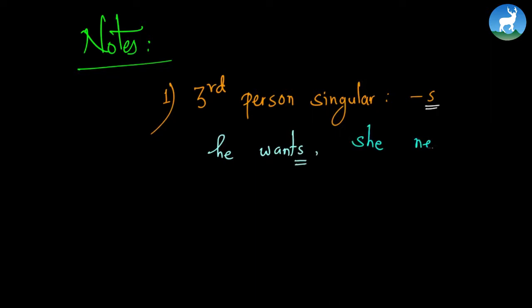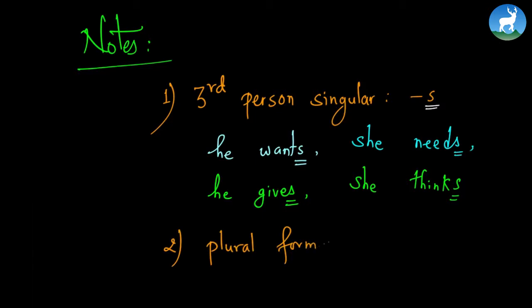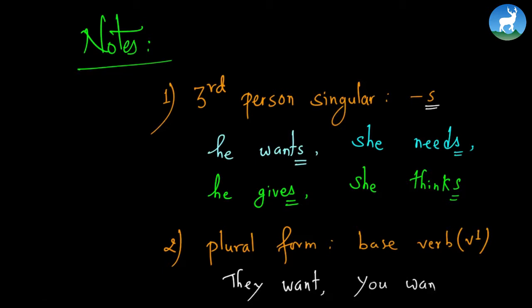She needs. Now she is a third person singular, that's why needs is used, not need. He gives, again S is there. She thinks. But with the plural form, you're going to use the base verb, which is simply V1. For example, they want, or you, as in plural you want.